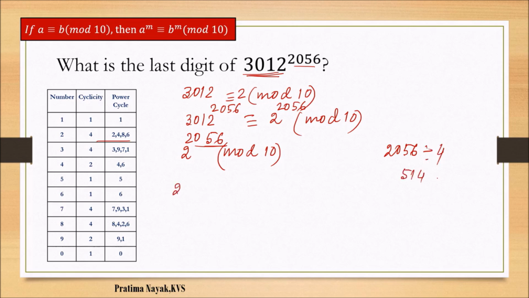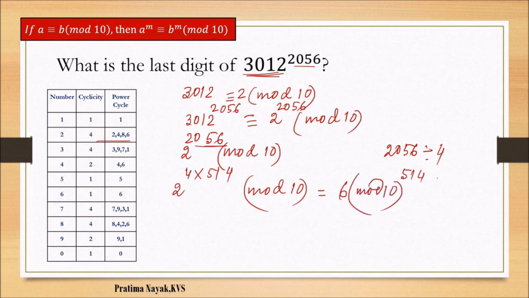So 2 to the power 4 into 514, modulo 10 is equal to 6. It gives the result 6 modulo 10. 6 is the unit place digit.